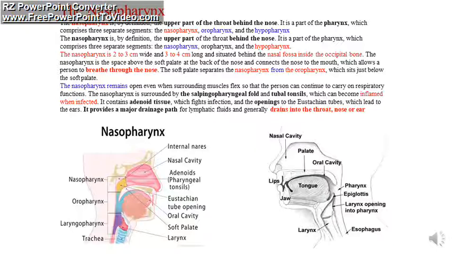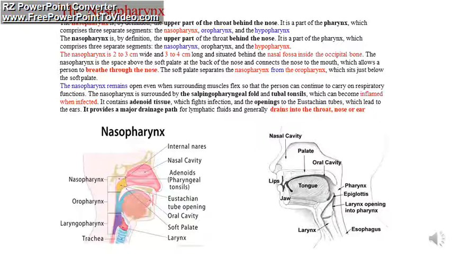The nasopharynx is about 2 to 3 centimeters wide and 3 to 4 centimeters long, situated behind the nasal fossa, inside the occipital bone, and allows the person to breathe through the nose. The soft palate separates the nasopharynx from the oropharynx, which is just below the soft palate.